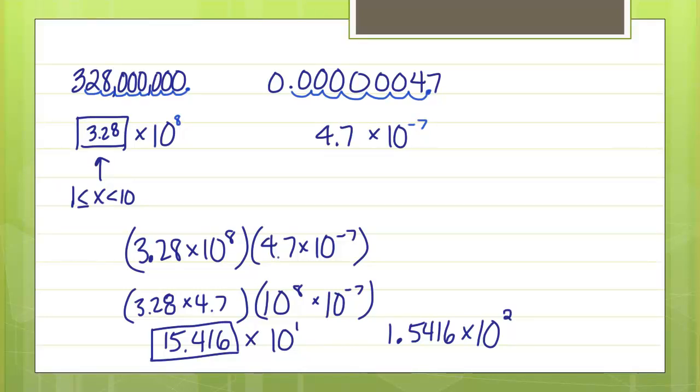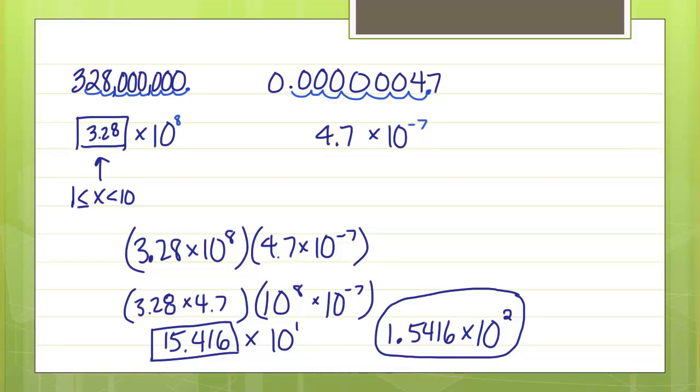And if push came to shove, you could always try it both ways and see if it worked. Well, we know it can't be 0. That definitely wouldn't work. And so it's got to be getting bigger. It's got to be 2. Because if I have 1.5 times 100, that's going to be the same as 15 times 10, right?